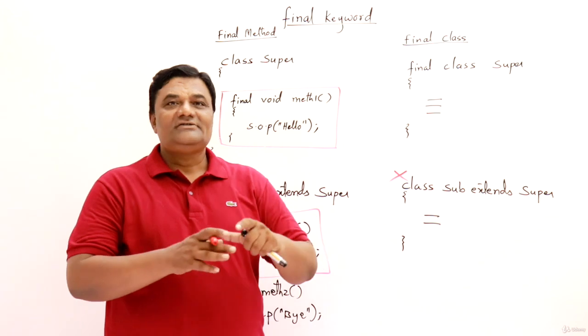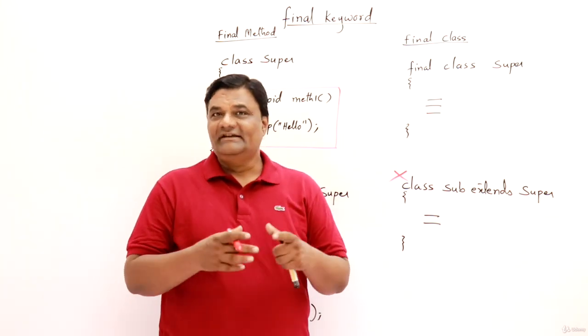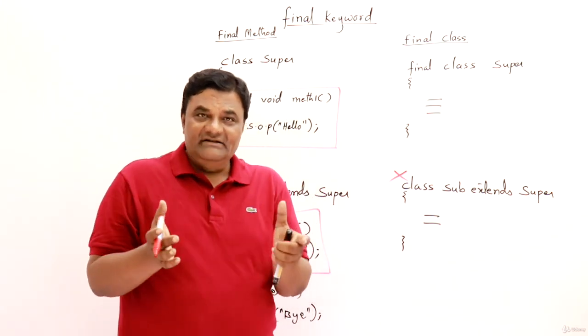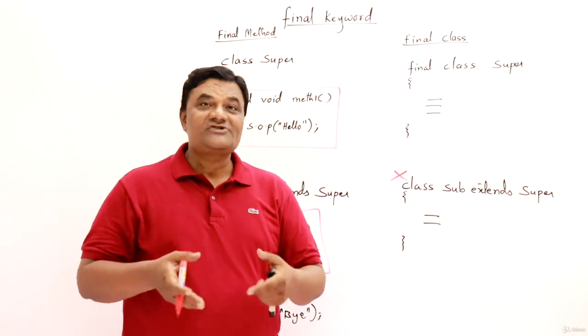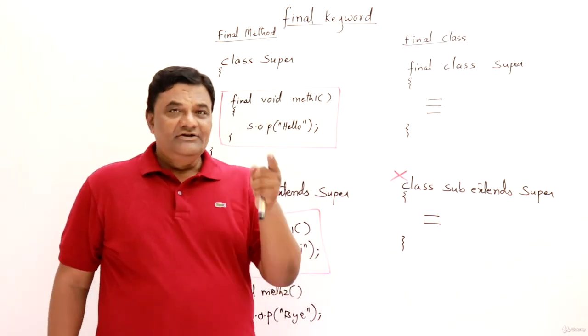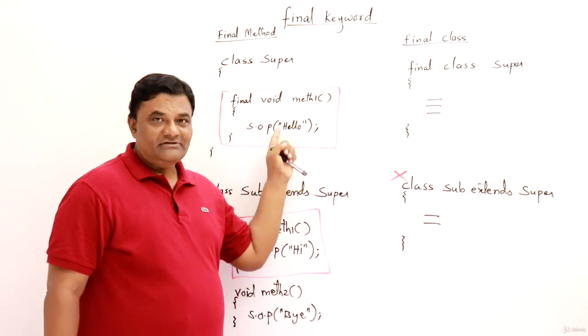Suppose you have developed software using Java, and you have written a lot of classes and interfaces, and some other company wants to buy this code from you, and you are ready to sell or share it. But you have some restrictions. You want to tell them not to override these methods of some classes.